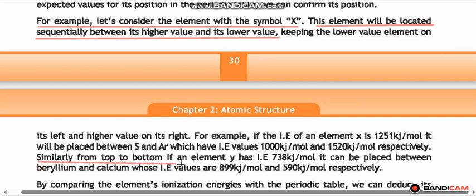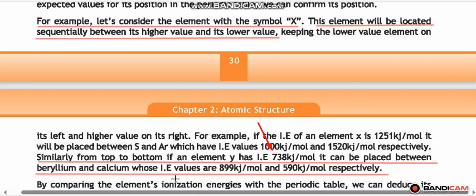Similarly, from top to bottom, if the element Y has ionization energy of 738 kilojoule per mole, it can be placed between beryllium and calcium, because their ionization energy values are 899 and 590 kilojoule per mole respectively. Students, it states that, for example, element Y has ionization energy of 738.